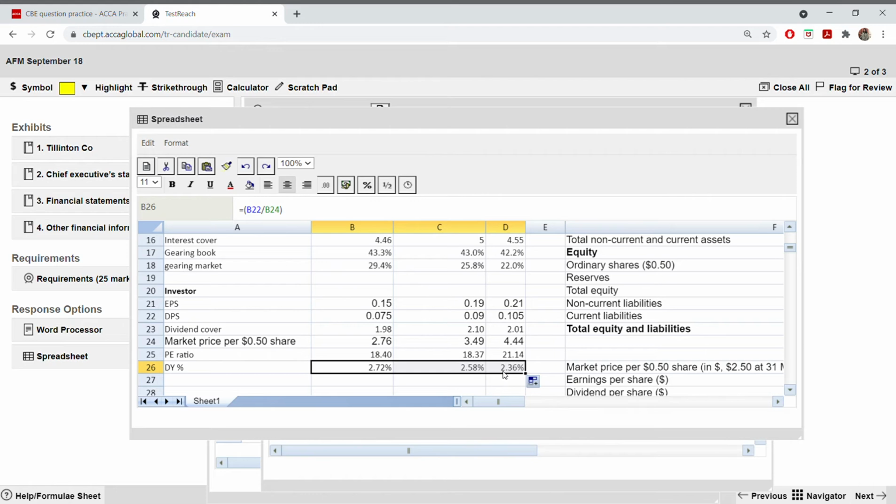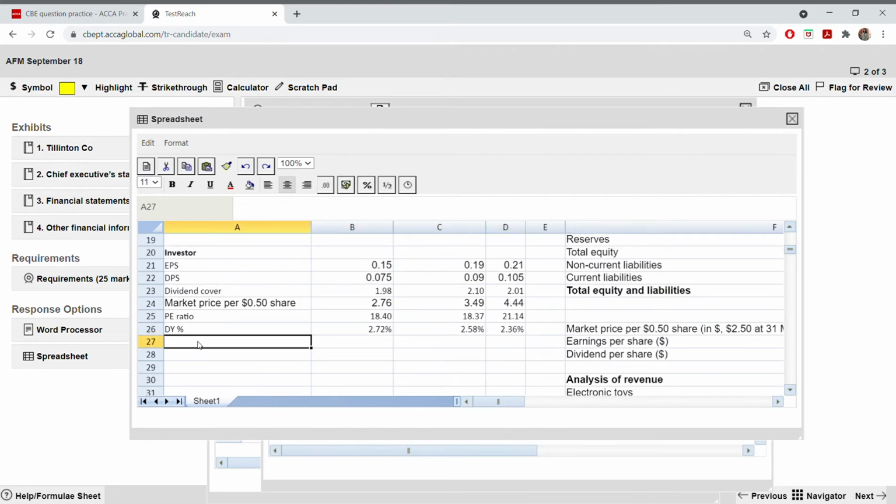Next we have share price gain or loss. This has to be there in AFM. Share price gain or loss. If it's a gain, without bracket; if it's a loss, in bracket. Okay, and this is also in percentage. How do you take the share price gain or loss?